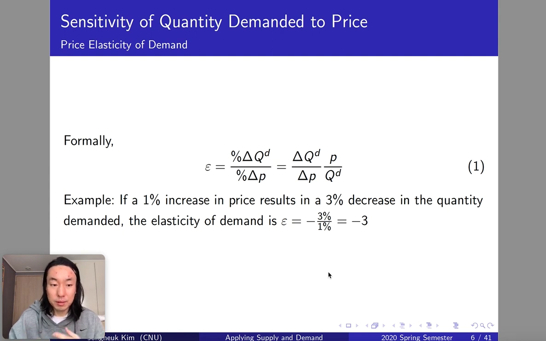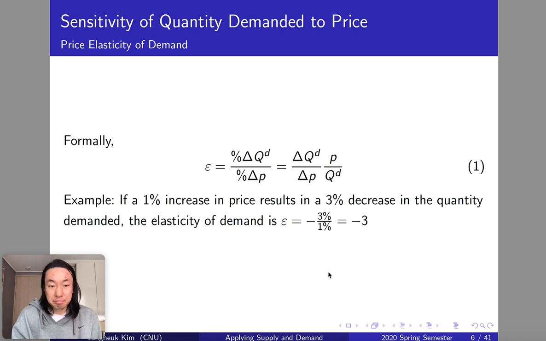So we can loosely express the percent terms like change of quantity demanded over quantity demanded, right? That is the definition of percent change of quantity demanded. How about the percent change of price, which will be defined by change of price over price. So equation 1 is the formal definition of price elasticity of demand, right?